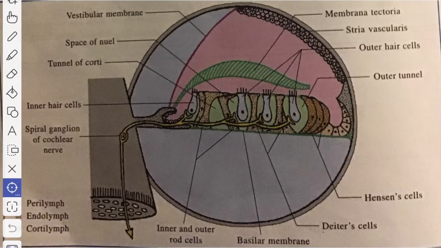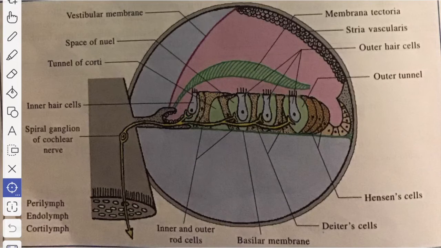The Hardesty membrane is a specialized area on its undersurface and it is where the tips of the stereocilia of the outer hair cells are embedded.